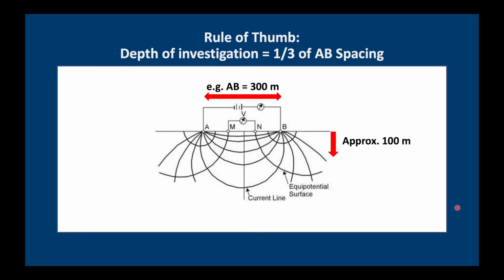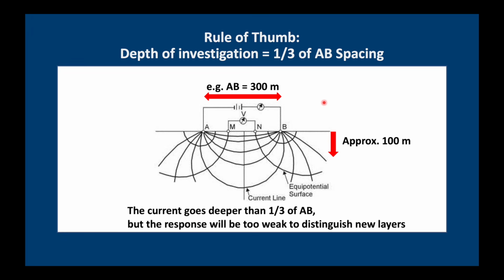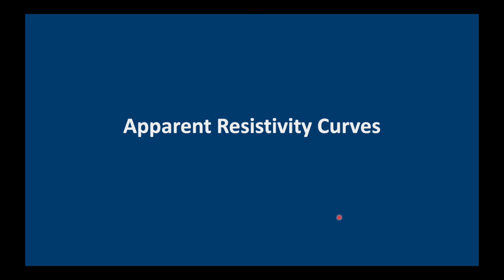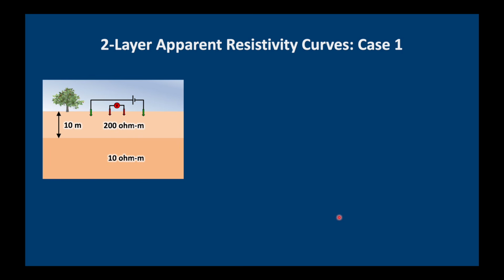What it means is that if you want to look down to 100 meters, your AB spacing should be at least 300 meters. Of course, the current goes much deeper than this, but down here, the relative response might be too weak to distinguish any new layers.